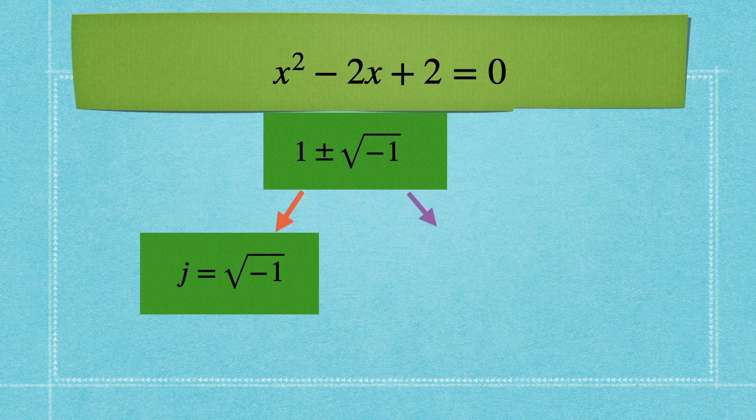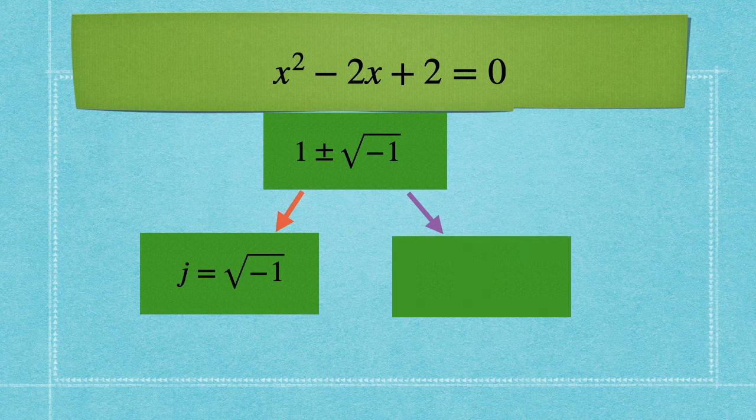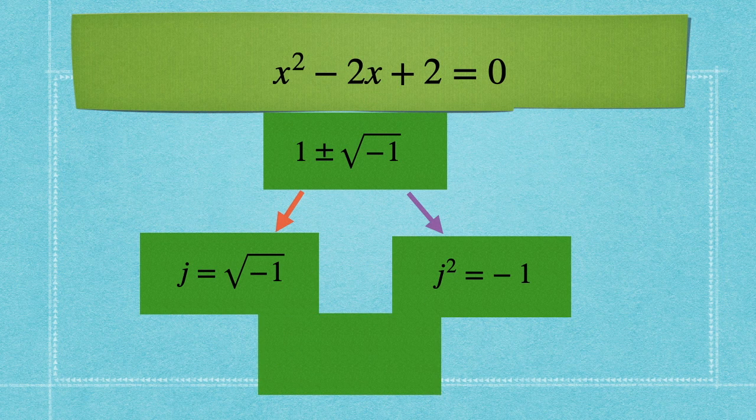We also know that j squared is negative 1. So with that being said, the roots of this quadratic are 1 plus or minus j, which is 1 plus j and 1 minus j.